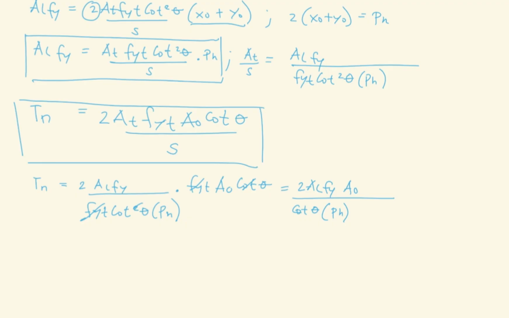We can rewrite this as Tn equal to 2 AL fy A sub o divided by pH, and we move cotangent to the numerator so that it will become tangent theta. So this is the nominal torsion of the beam cross section based on the longitudinal reinforcement.